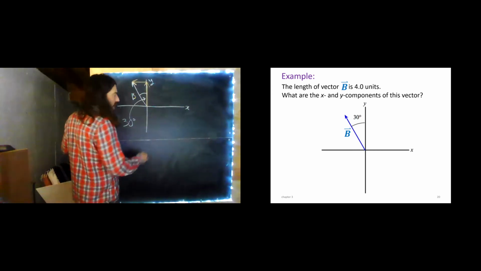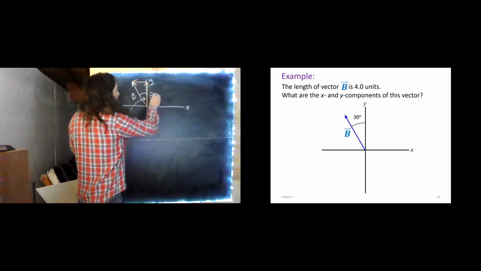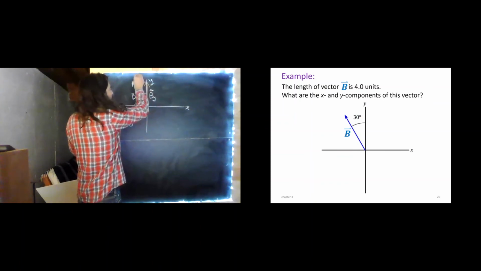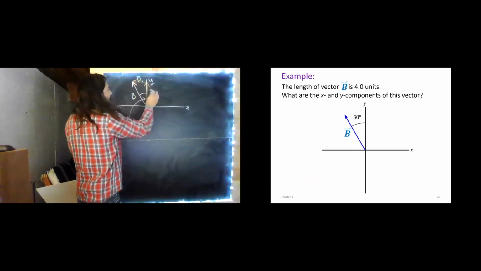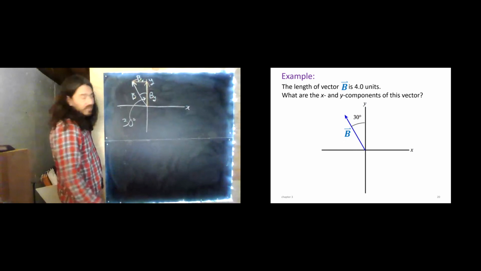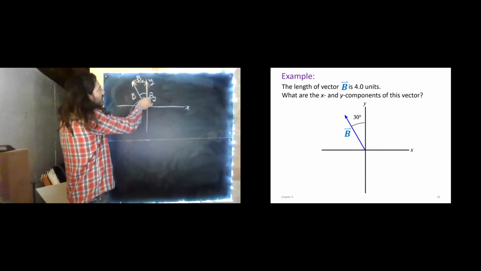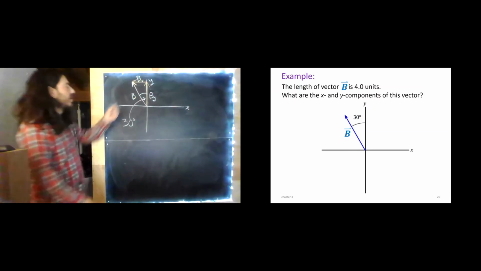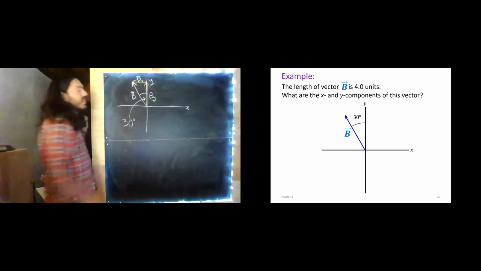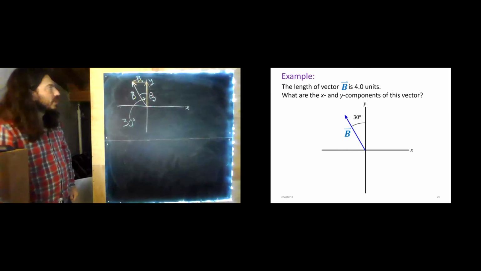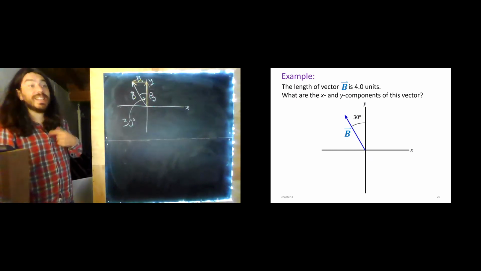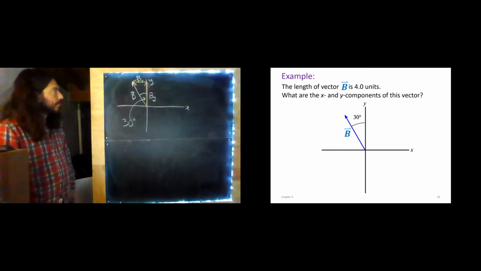So what we're really saying is that b sub y plus b sub x, I can drop the vector sign if I'm in one direction. So this is in the y, that's in the x, right? So we could say that b sub y plus b sub x equals b. We could say that. We are doing vector addition. But more specifically, we're finding the components of b.